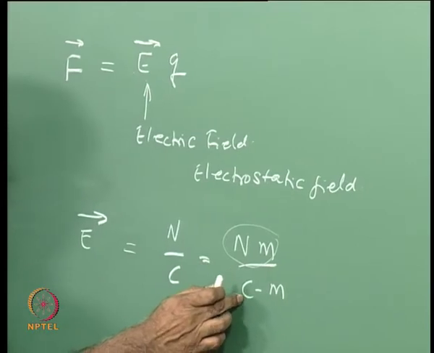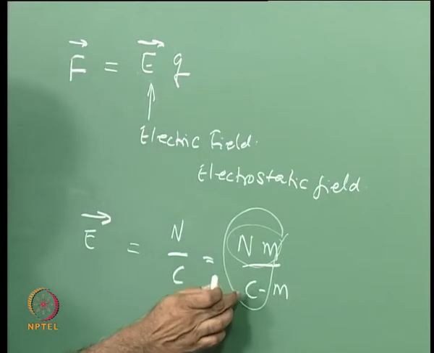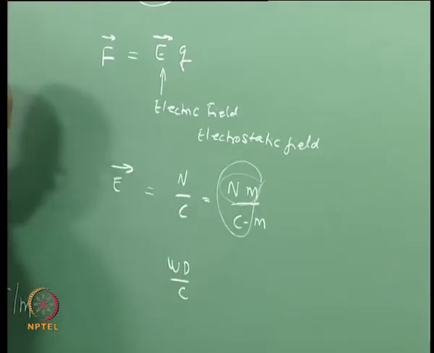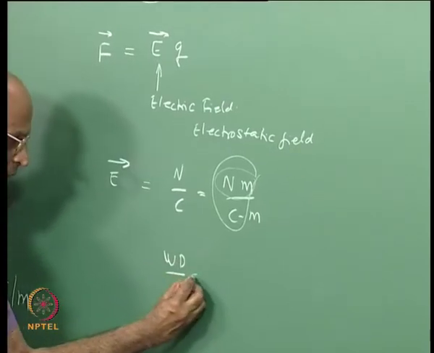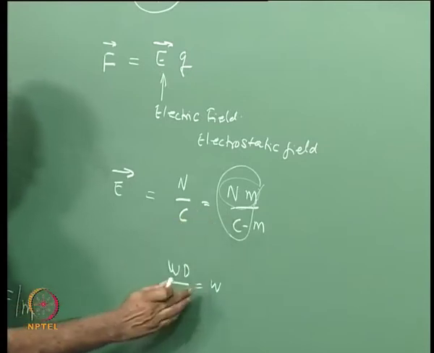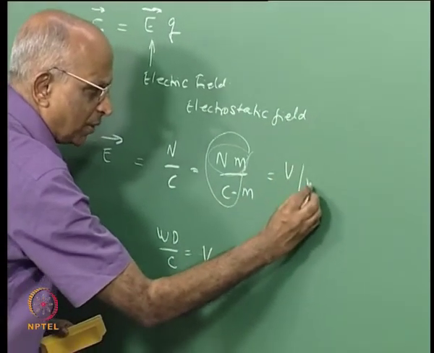of c coulombs. Therefore, work done per unit charge is voltage. So Newton meter per coulomb is the work done per unit charge, that is voltage, and therefore I can write it as voltage per meter.